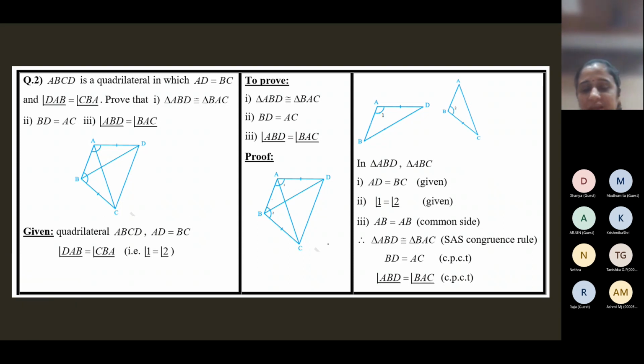I'm picking everything from the name. Suppose it is angle BAD: second, first, and third. Here also second, first, and third: ABC. Now tell me, for this order, if I say angle DAB, it will be equal to which angle?